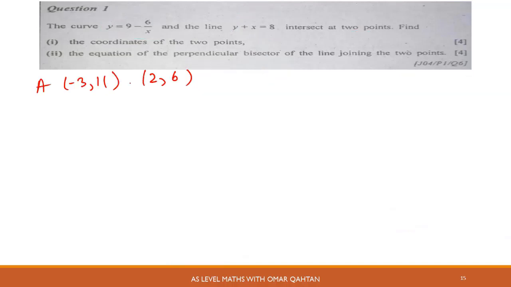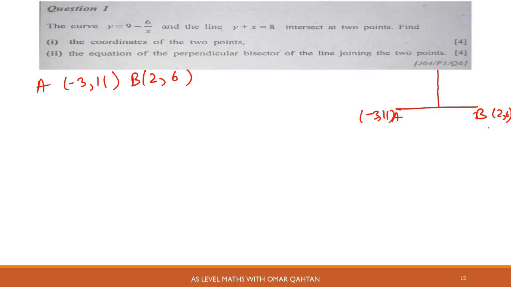Let's say these are the points A and B. So let's suppose this is A and B, and there is a perpendicular bisector that is cutting this line. So (-3, 11) and (2, 6).